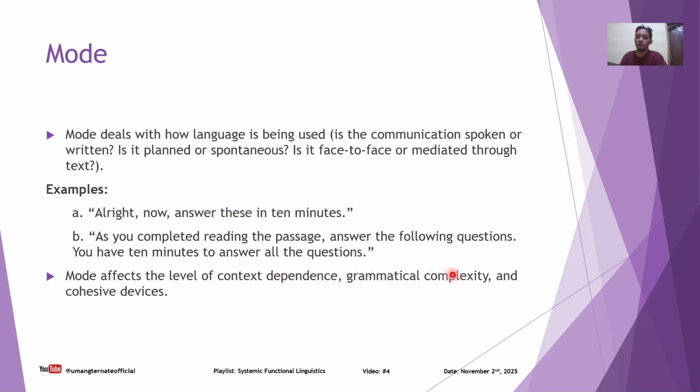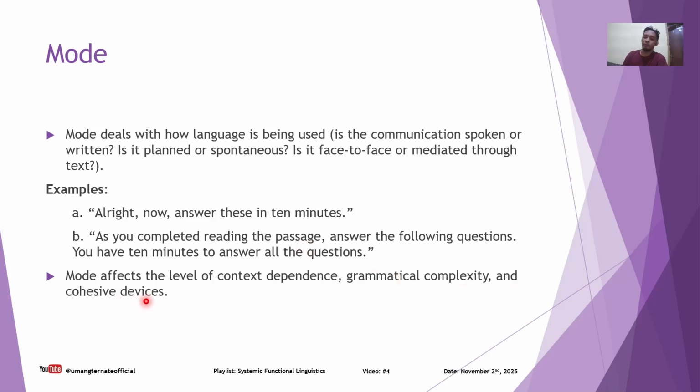And then grammatical complexity: the written expression is more complex in terms of lexicogrammar because the writer needs to provide adequate information to make sure that the reader understands the meaning of the text.